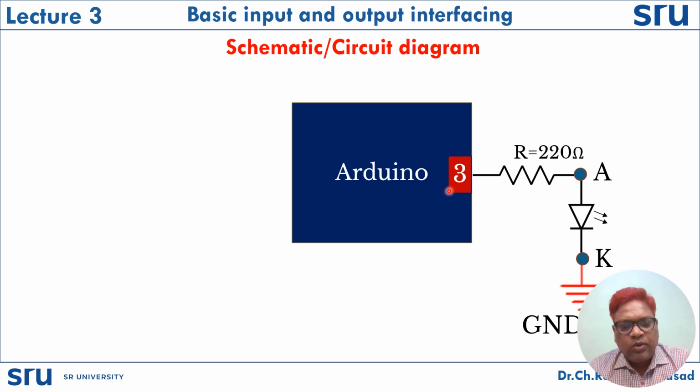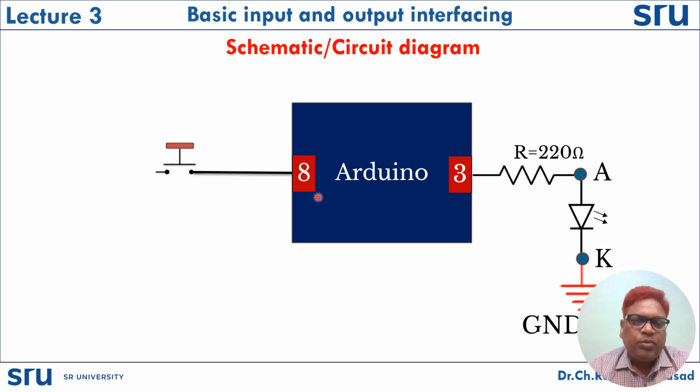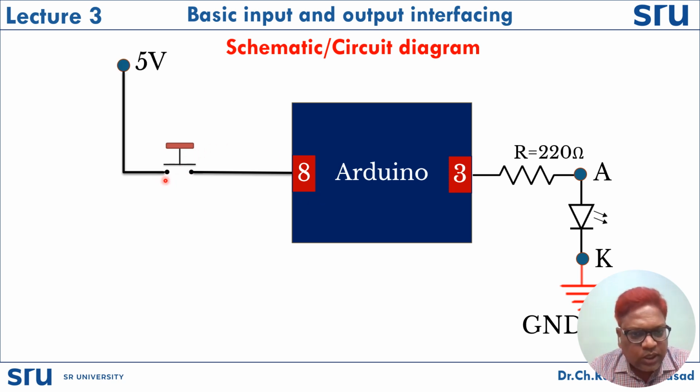Then we need to connect the switch to the Arduino UNO, and here we need to take a digital input. The digital input I have considered here is the 8th pin, and the other terminal of the switch is connected to 5 volts. If you are not connecting anything here, what happens?